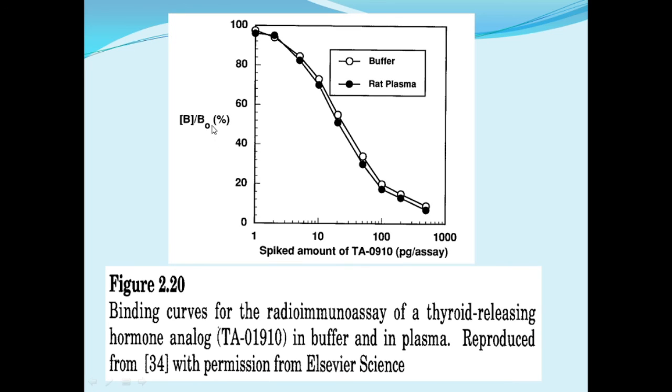B upon B0 in percentage versus spike amount of TA, thyroid releasing hormone analog. This is the binding curve.